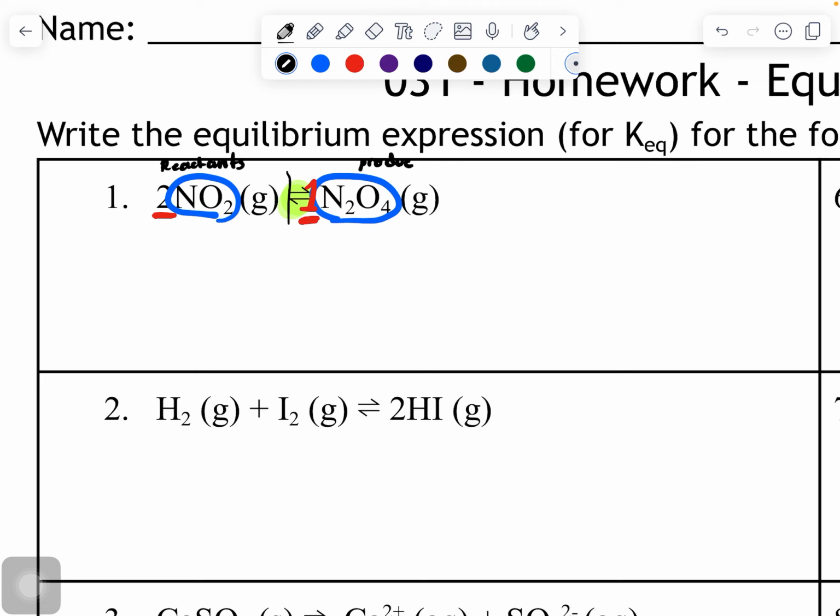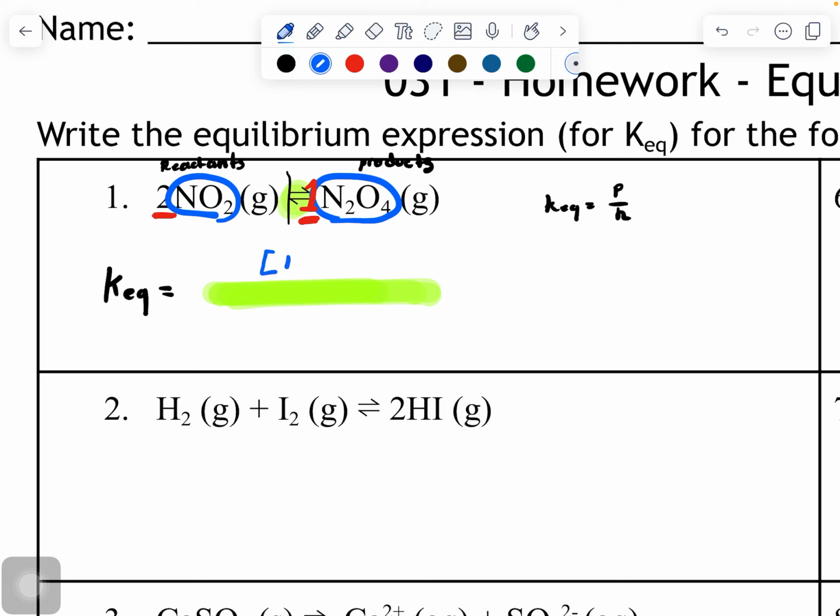Okay, so I'm going to write my KEQ equals. Remember that my arrow marks the separation, so I'm going to make my line the same color as my arrow. And remember that KEQ is the same as products over reactants. So I'm going to write my products first.